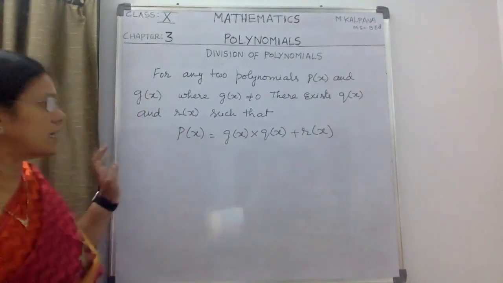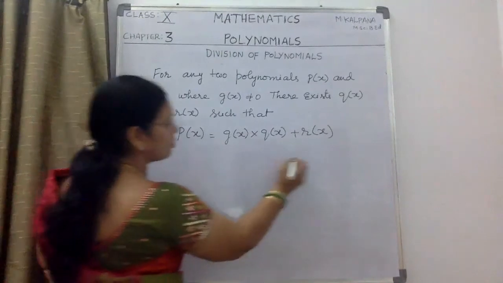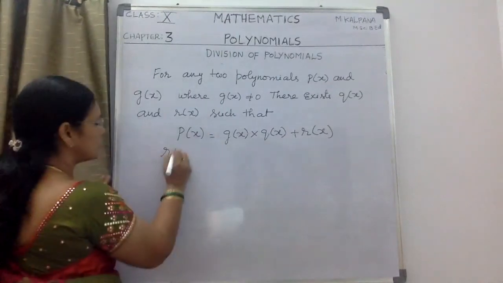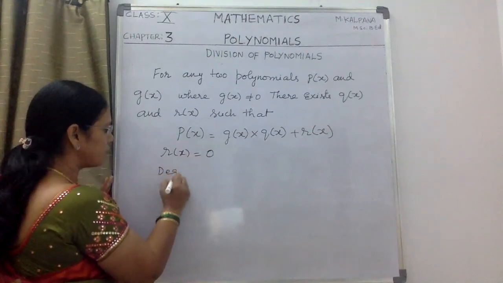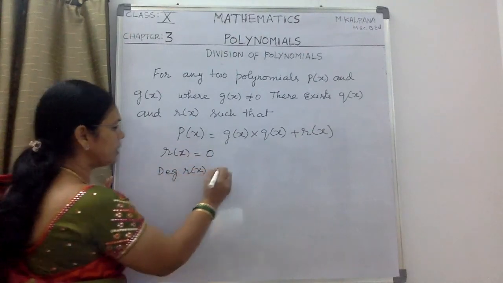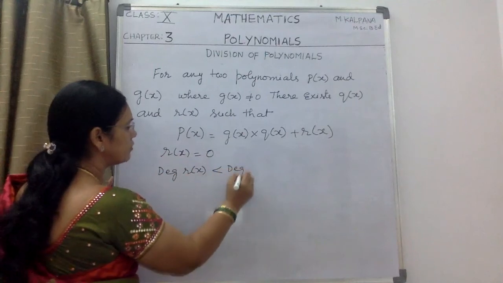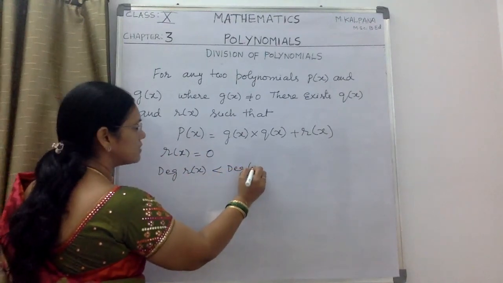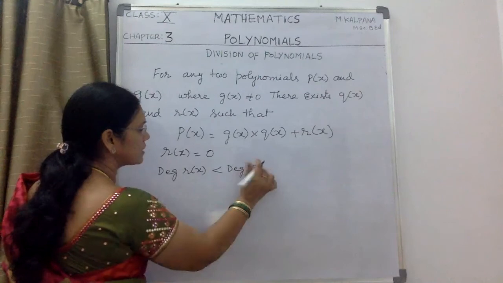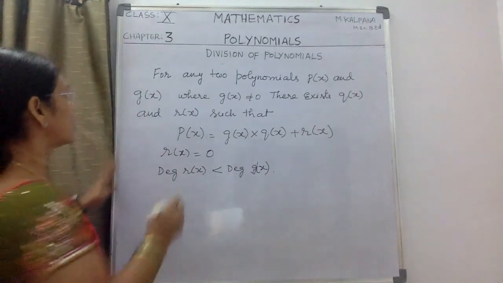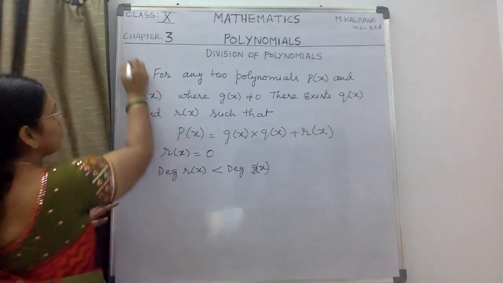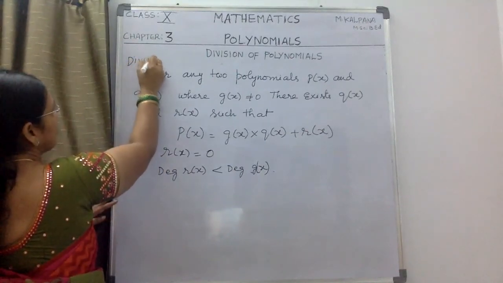But here R of x may be 0, or degree of R of x will be less than degree of the divisor, G of x. So this is known as division algorithm, children. This is well known as division algorithm.